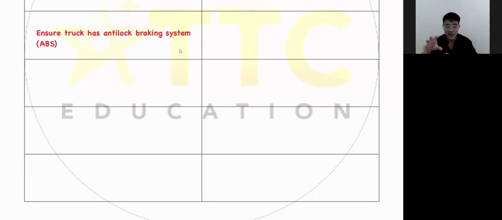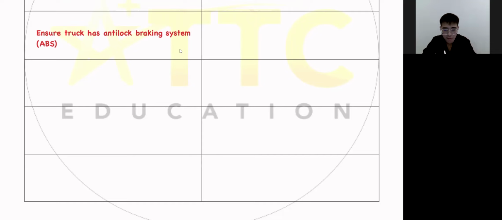It will be locking and releasing. All this is done automatically, you don't have to do it. So the car will activate the ABS, anti-lock braking system. It will prevent the car tires from locking, but at the same time, locking and releasing at a very, very fast speed.